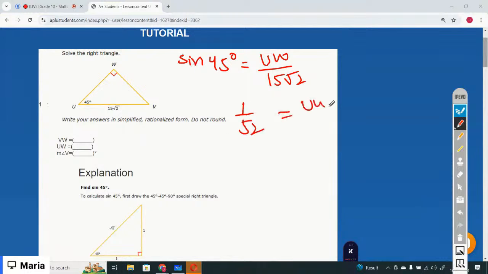So UW equals 15 square root 2 over square root 2. The square root 2s cancel out. UW equals 15. Got it?